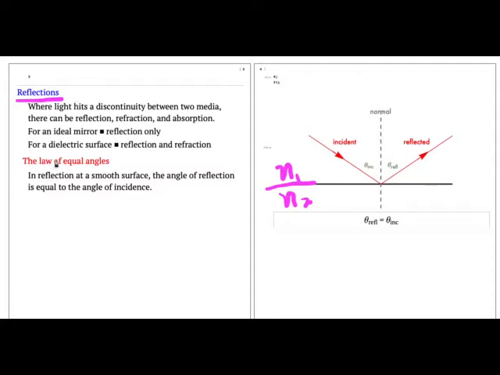Now, reflection is described by the law of equal angles. In reflection at a smooth surface, the angle of reflection is equal to the angle of incidence. That's called specular reflection or mirror reflection. I have the incident ray. Now this ray represents a whole wave.